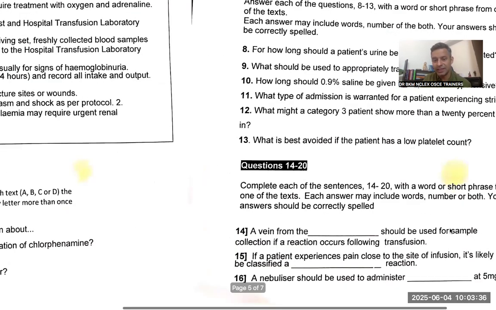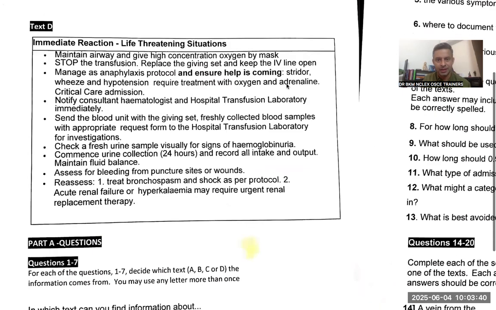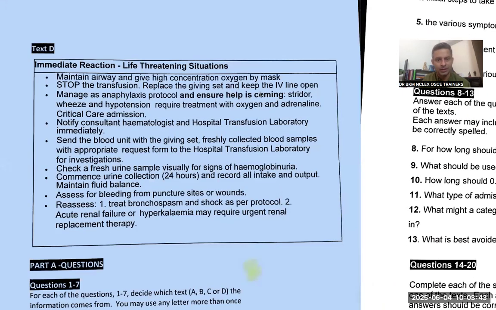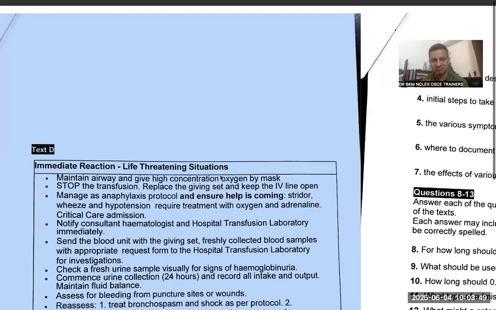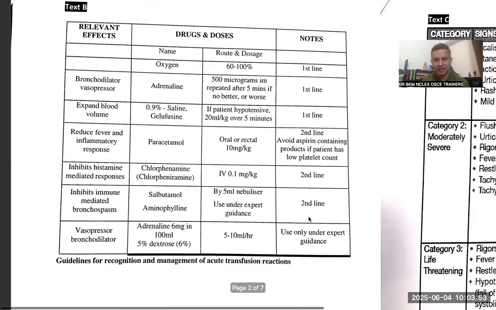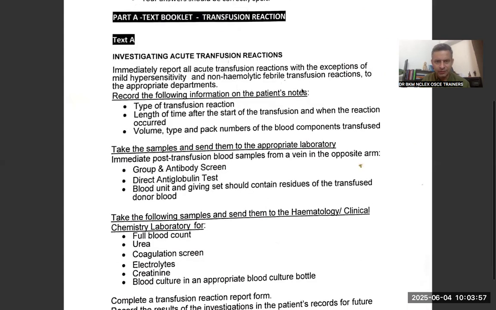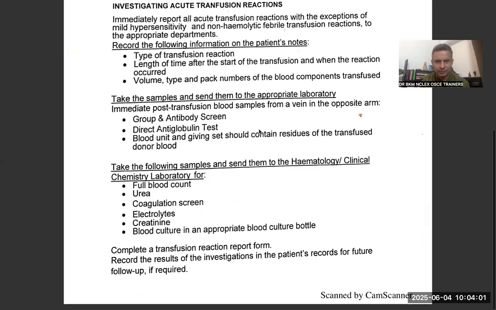A vein from the dash should be sample collection. A vein from the dash. IV line open. The word vein is given over here, but again, it's not easy to find. Vein word, it should be in the paragraph as far as I think. Blood samples, it can be in the blood samples.